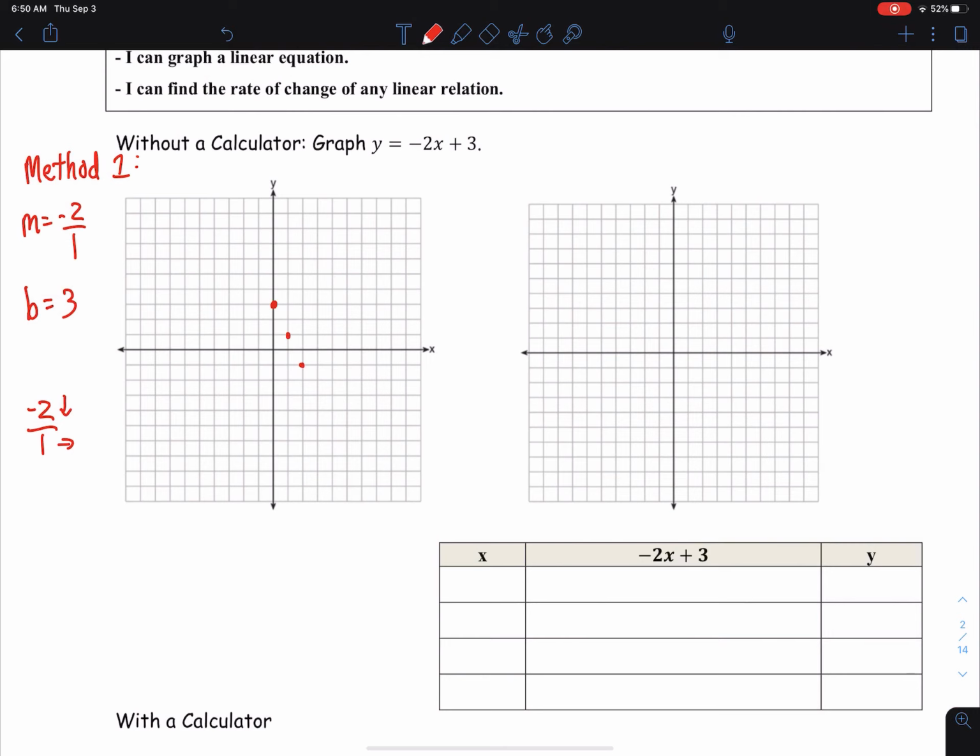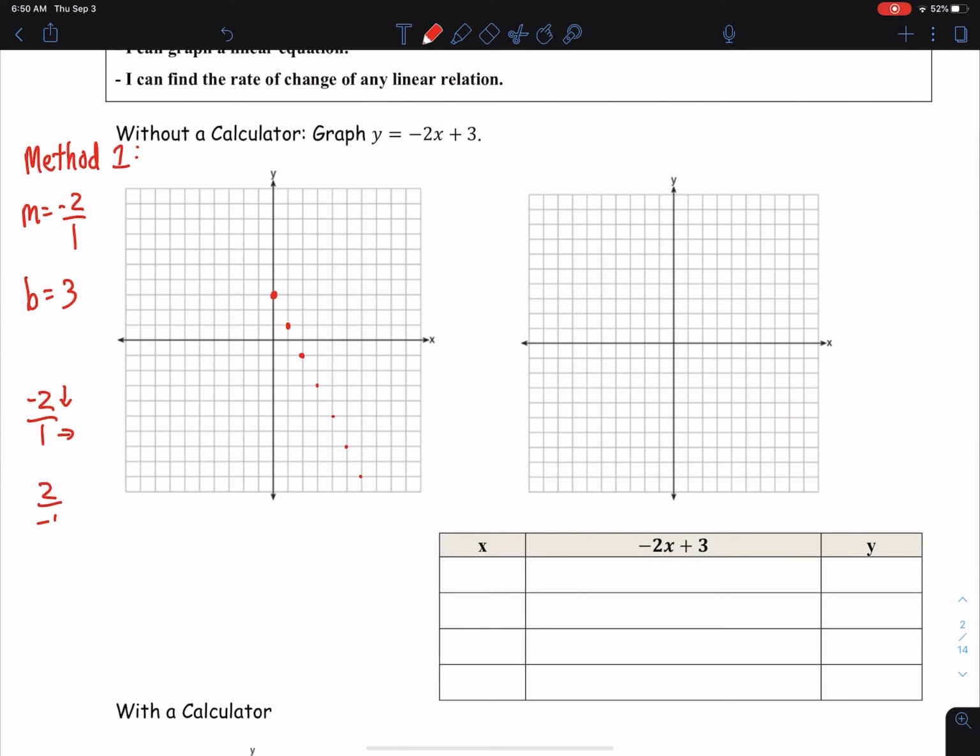Rule of thumb is you need to plot at least 3. I would plot every single point you can. And also, it could be 2 over negative 1. So you could go up 2, but if you go up 2, you have to go to the left 1. So we can plot right here, here, and here.